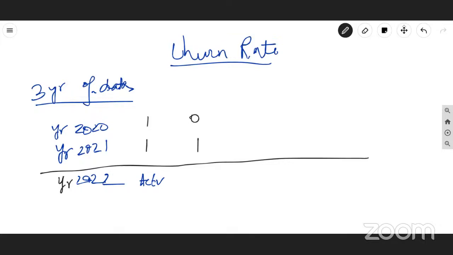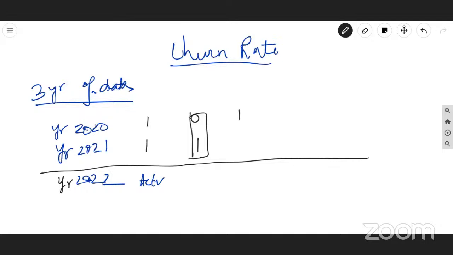It can be a one-time visit as well. So it has a probability of 50% getting churned and 50% getting retained because he is a new customer. So I'm going to exclude this particular pattern from the data.